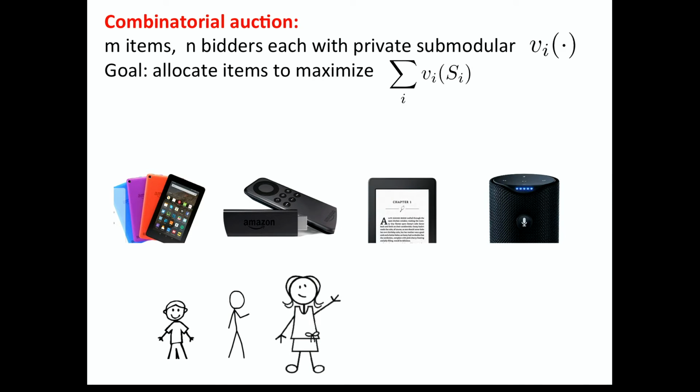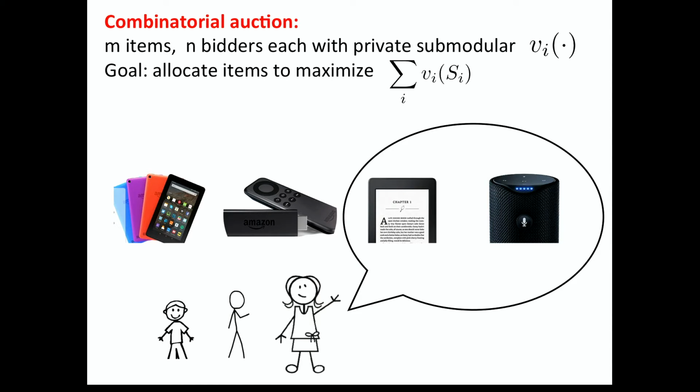So they were considering the following problem. An auctioneer has M items, and there are N bidders, and each bidder has a value for each subset of items. So, for example, she might have some value for this pair of items, but a different value for this item by itself, a different value for this item, and so on.